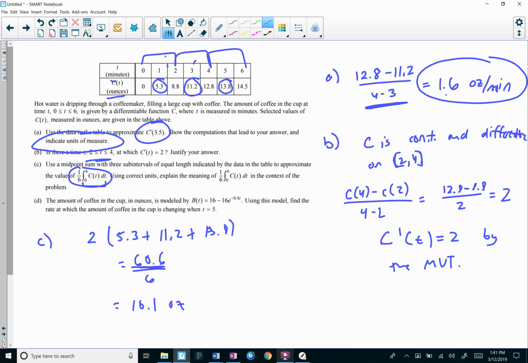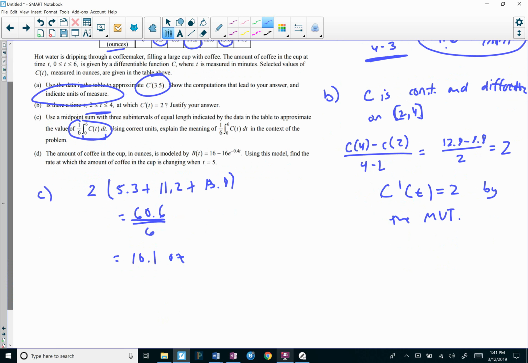So now it says interpret in the context of the problem. Well, that's straight off our Cintiq card. That's an average.